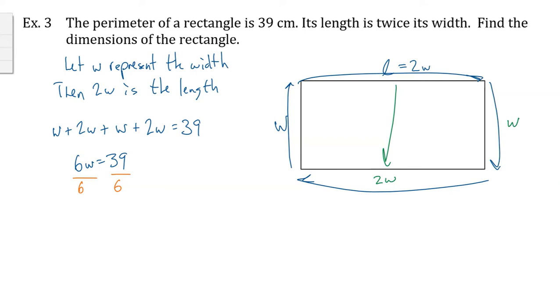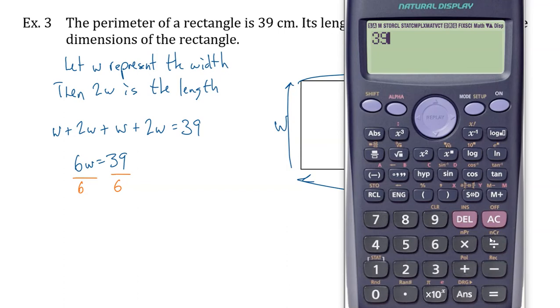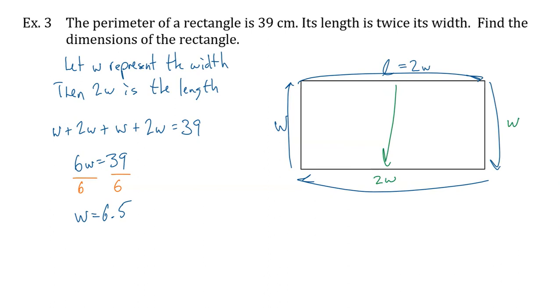Let me pull up the calculator because I think in this case the numbers are a little bit less friendly. 6.5. We get a decimal. Find the dimensions. So if the width is 6.5, the length is twice the width.